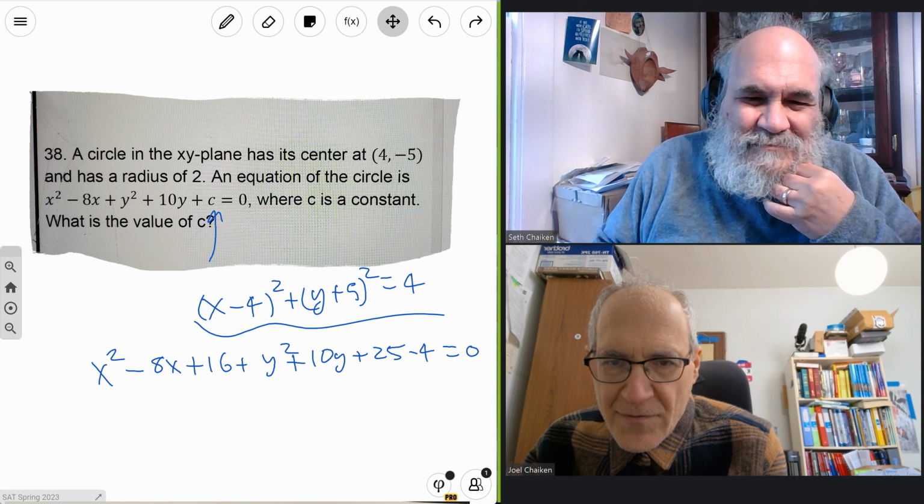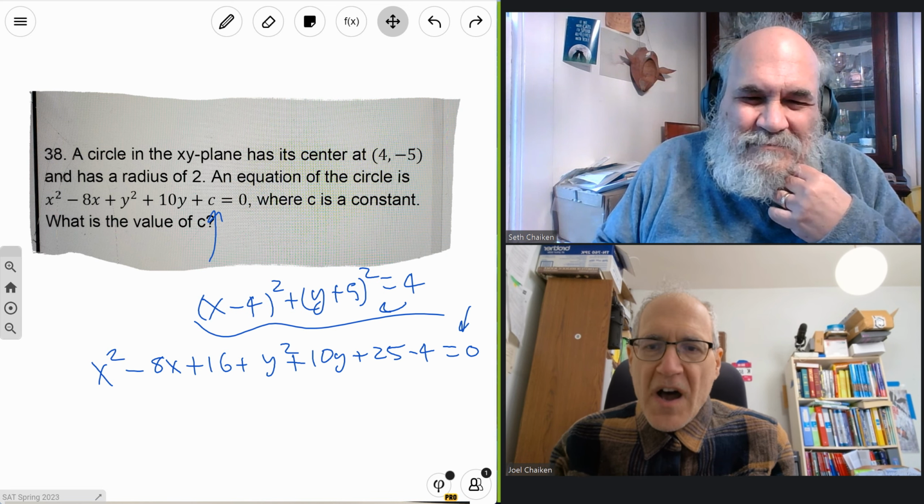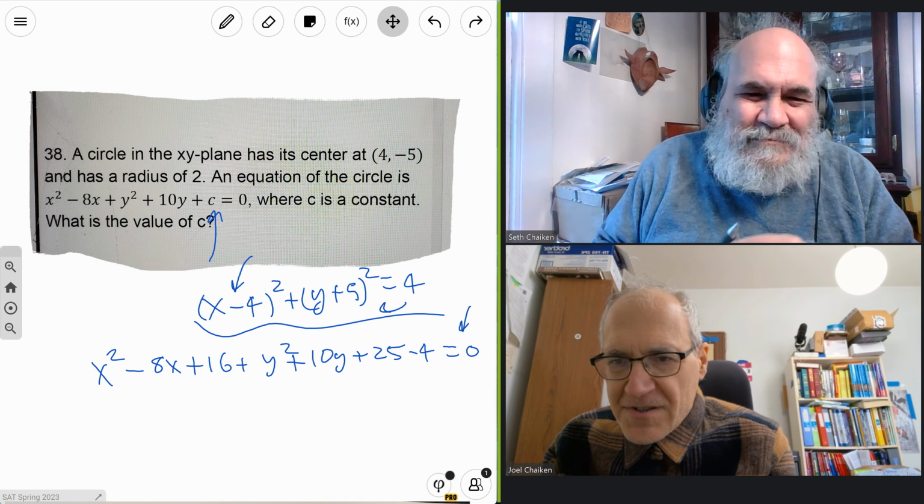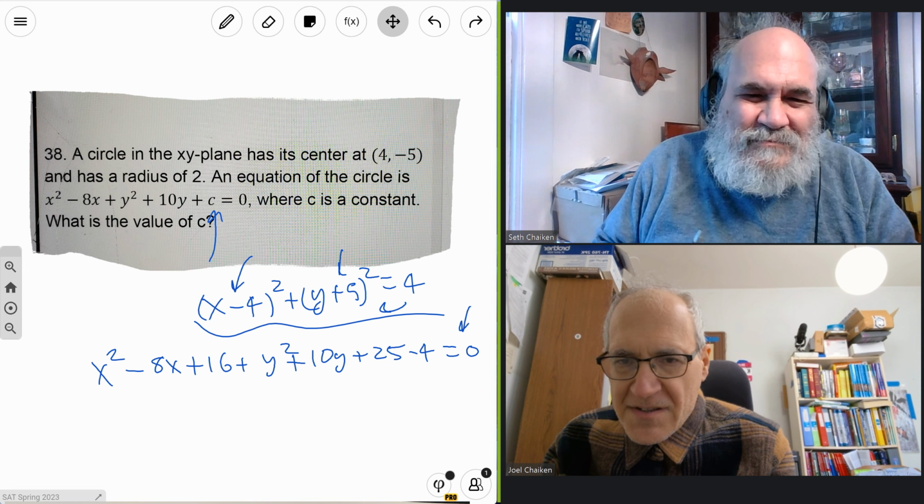I moved the 4 over to the other side, so it equals 0. Now, for y, to double check: there's a negative sign here, so there's an 8, and a positive sign here, so there's a positive 10.